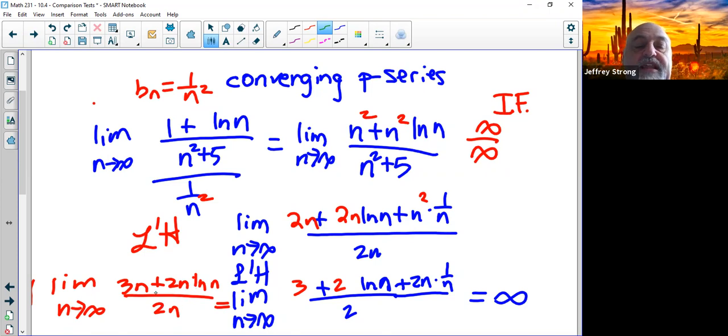So it looks like then I would get infinity over infinity. So I do L'Hopital again. So I get 3 plus, the derivative of 2n natural log of n is 2 times natural log of n plus 2n times 1 over n, all over 2.